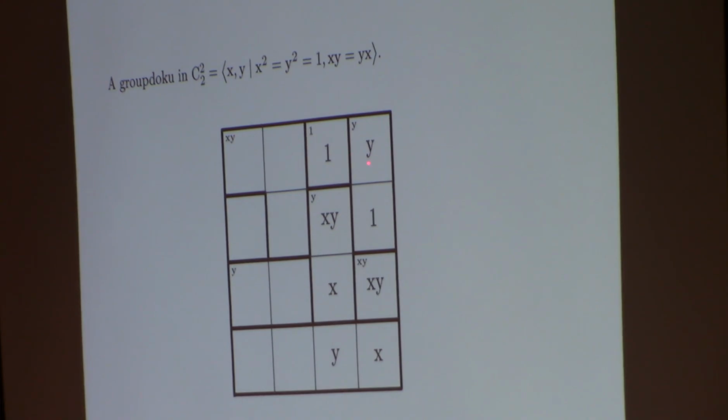So let's investigate that top row first. If we look at this top row, it has to have X and XY in it. Now we're going to have to multiply that cell and that cell and give us XY as our product.